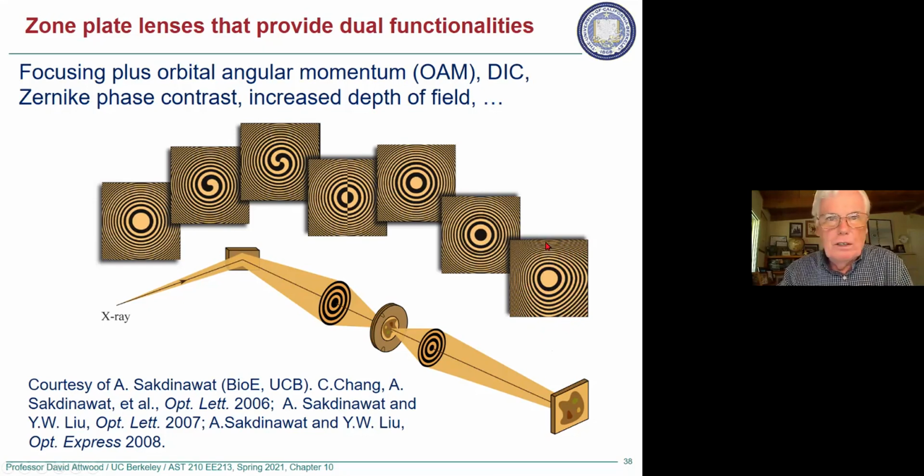And these are other things. These add angular momentum. So if you're looking at magnetic materials, these so-called spiral zone plates add varying degrees of orbital angular momentum and are very good for looking at spiral structures or structures with spin, which are important for the transitions, quantum transitions.